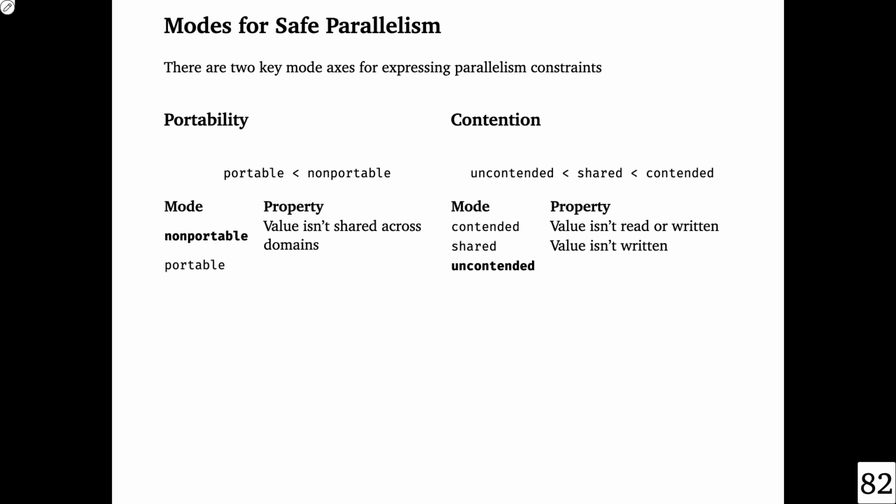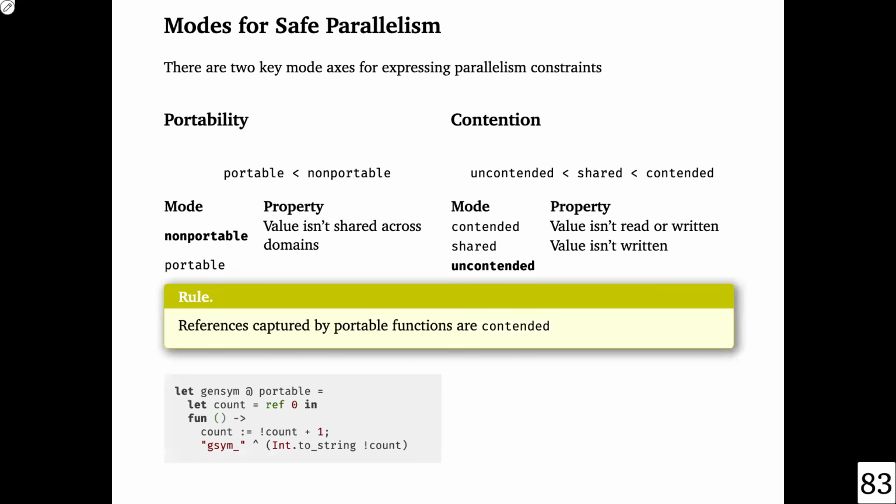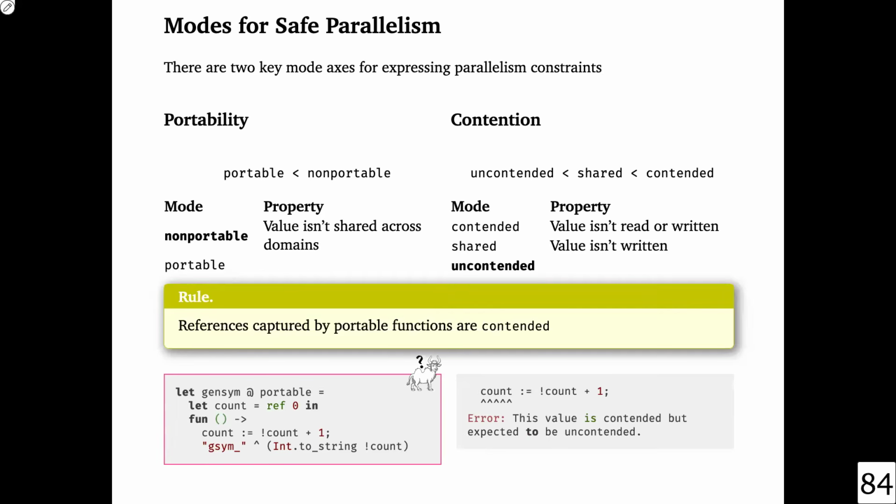So I'm just going to shuffle the rules a little bit. And there's one very important rule that ties the contention and portability axes together. And that is that references captured by portable functions are contended. So in this function, right, we expect that gensim is portable, but it captures the count variable, right?